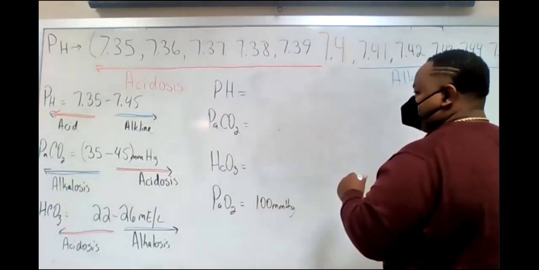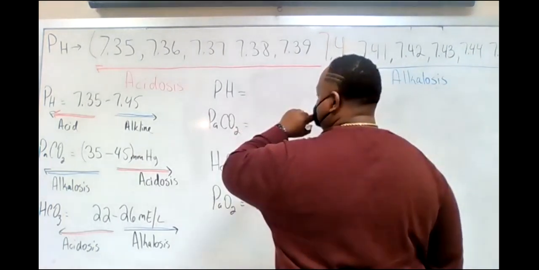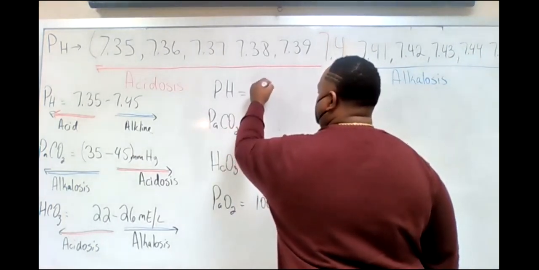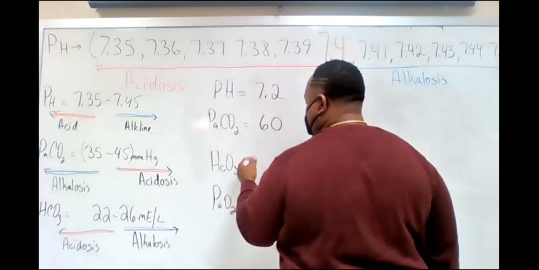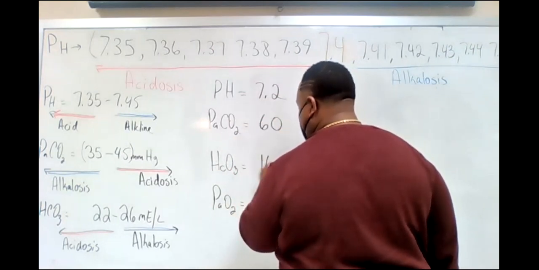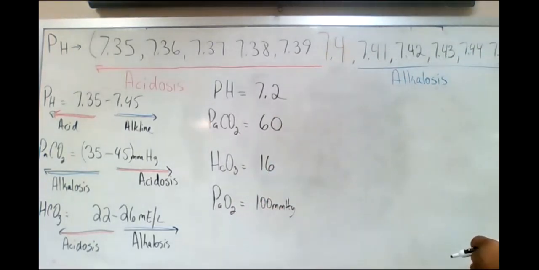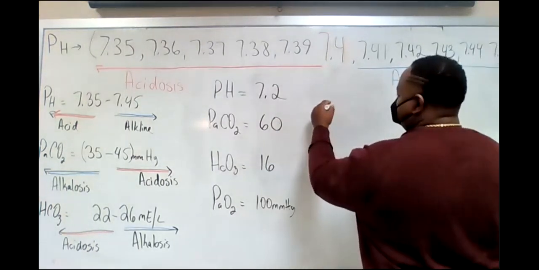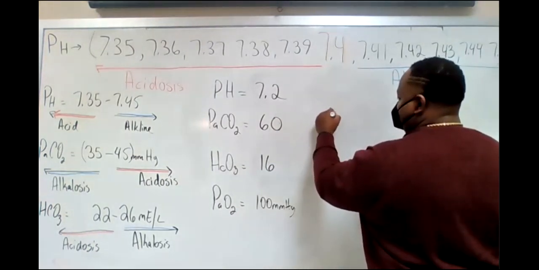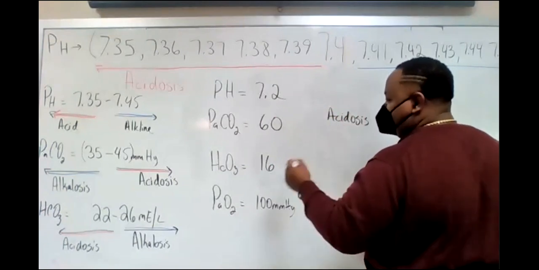All right. Let's look at this one. This is another thing you may see. pH of 7.2, CO2 of 60, and a bicarb of 16. What is pH doing? Acidosis. Let's see who's causing the problem.